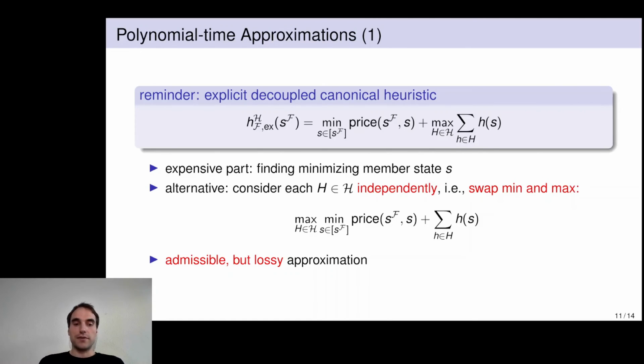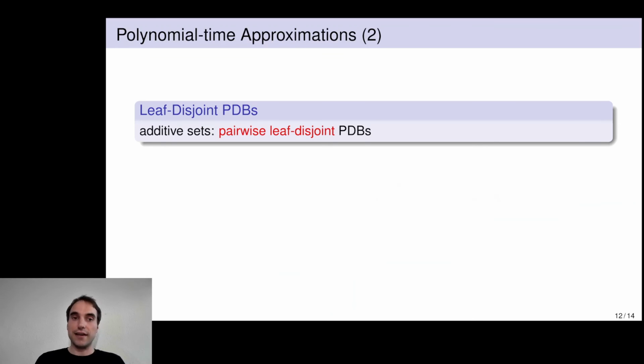However, we were able to figure out two scenarios, by restricting the way PDBs interact with the leaves, in which this way of combining things actually becomes exact again.